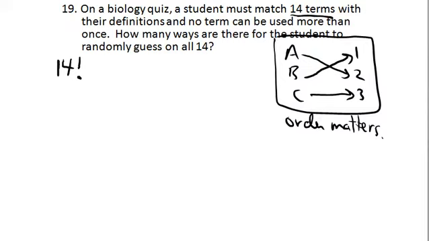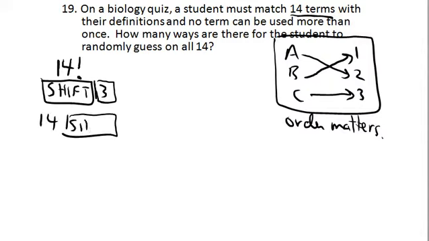And remember, on the calculator, the Casio FX260, the factorial is shift 3. So I could just do 14 shift 3.